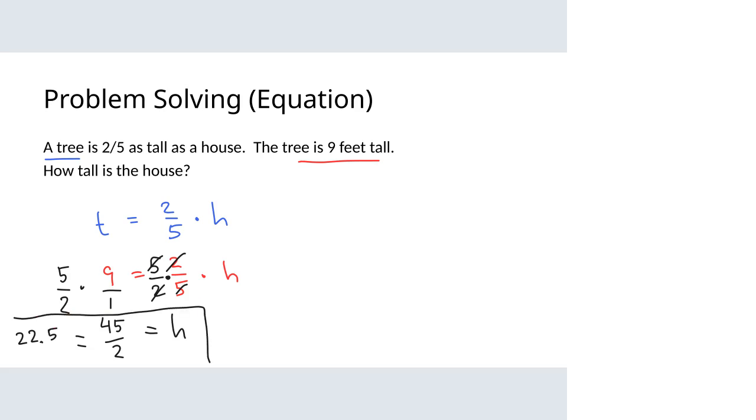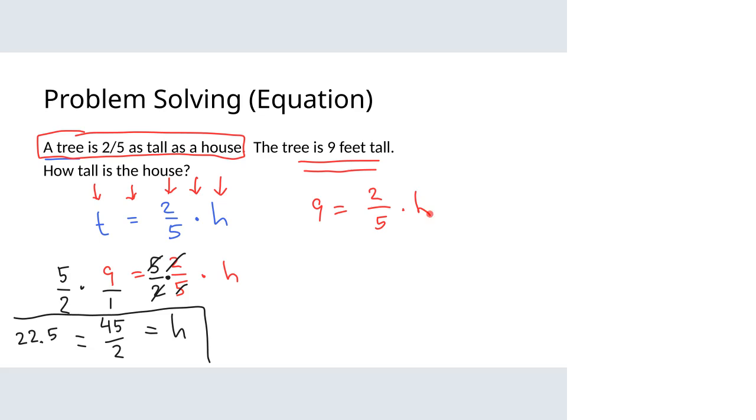So we wrote our equation there based on the information we were given. A tree is 2/5 as tall as the house, meaning the height of the tree is 2/5 of the height of the house. Now we have the fact that the tree is 9 feet tall. We can plug that in, and now we have an equation we can solve. That equation was 9 equals 2/5 times h.